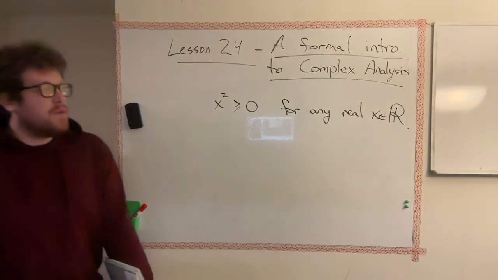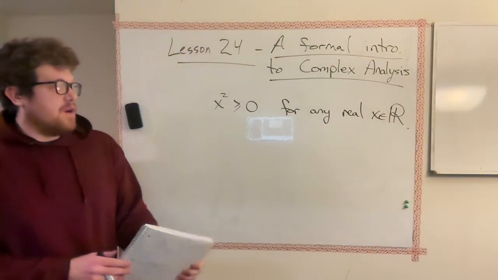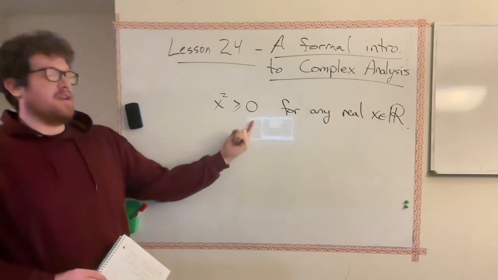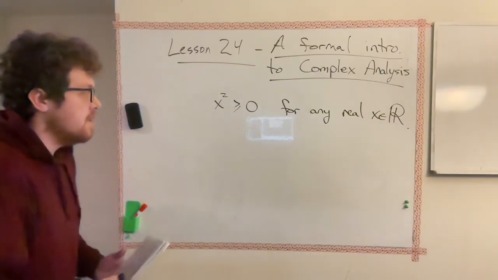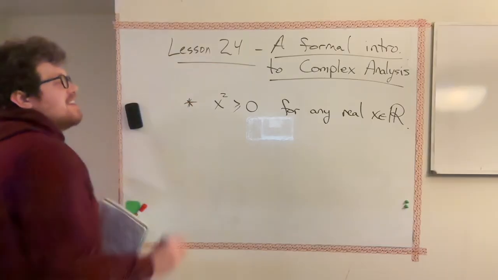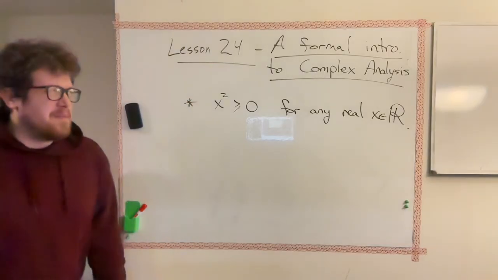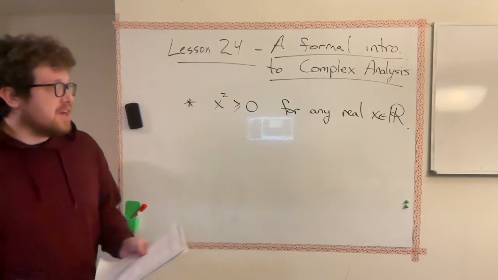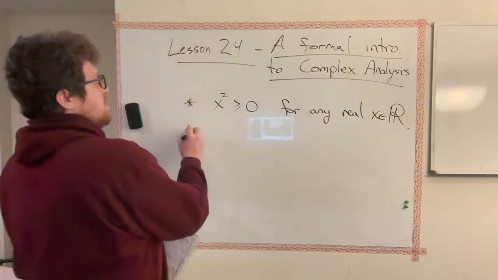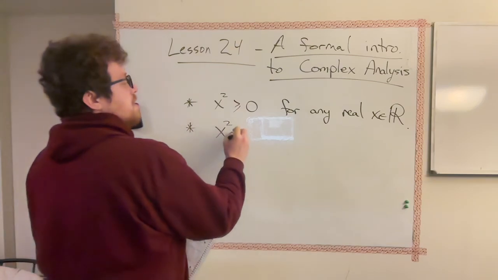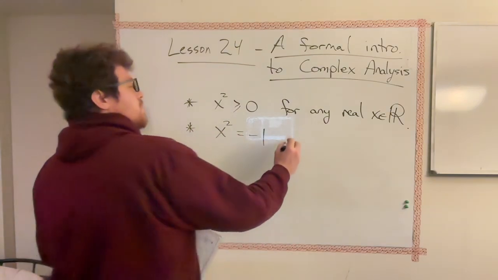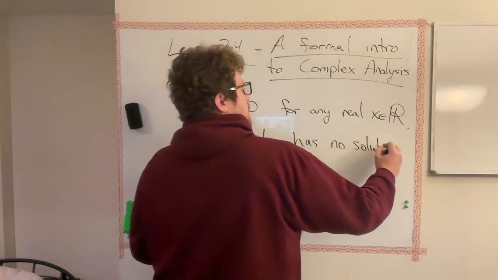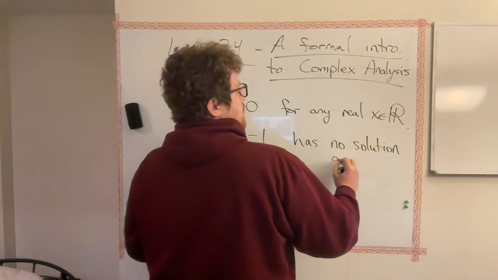The problem arises when we want to find roots of polynomials, say quadratics like x squared equal to a negative number. Maybe the main motivation is first trying to solve the equation x squared equals -1. It has no solution, at least over R.